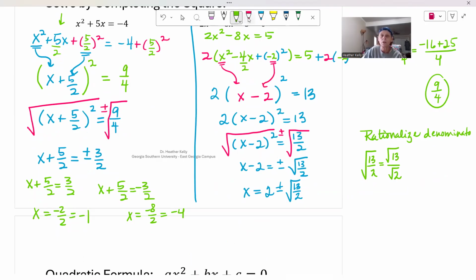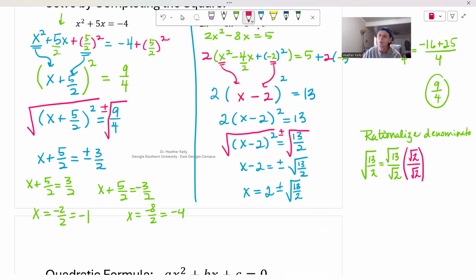The way to get rid of a square root is to have that thing squared, so what will get rid of a square root of 2 is another square root of 2. What we do to the bottom, we have to do to the top so that we do not change the integrity of the actual value of the numbers here.